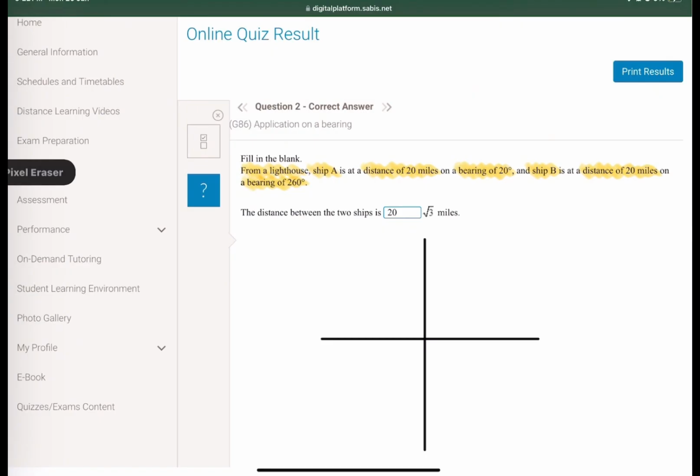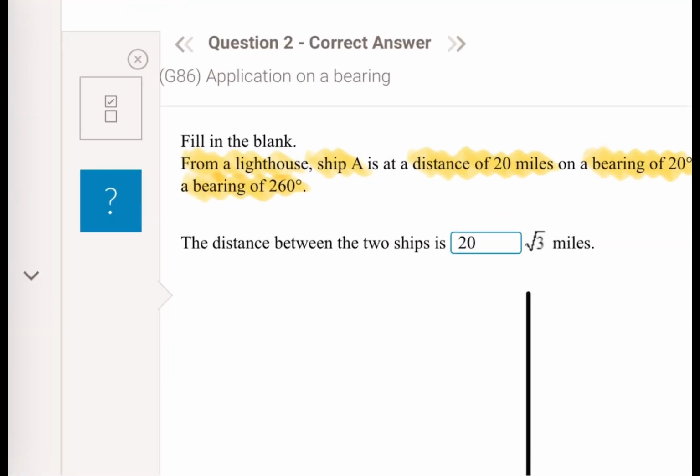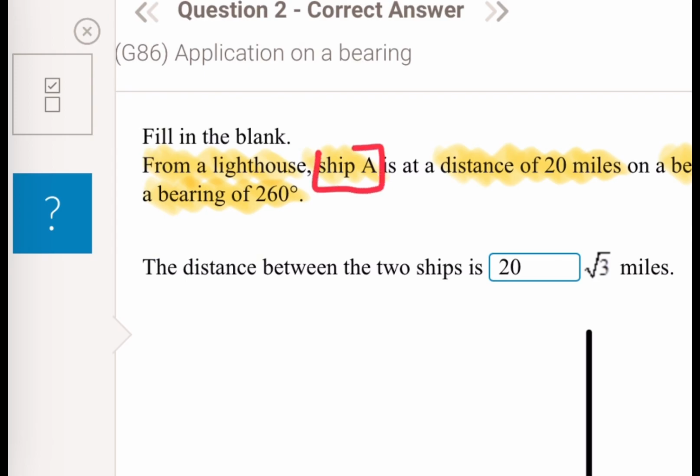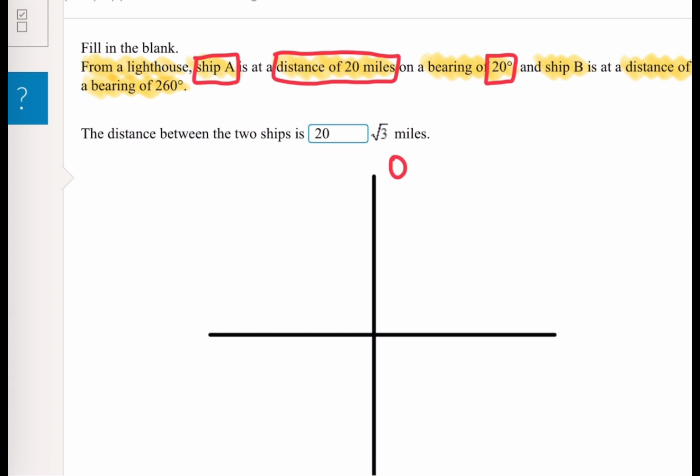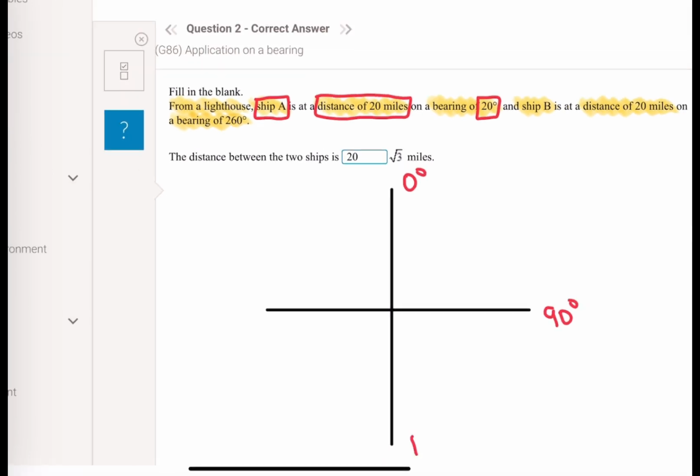Alright, and we're gonna start off by drawing ship A. Here they told us the bearing of the ship is 20 degrees and it's at a distance of 20 miles. So we're gonna draw that. We already know here this is 0 degrees, 90, 180. This one's 270 degrees.